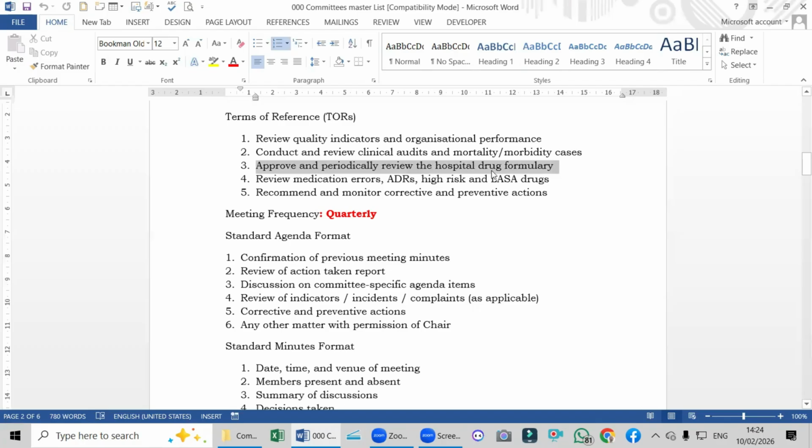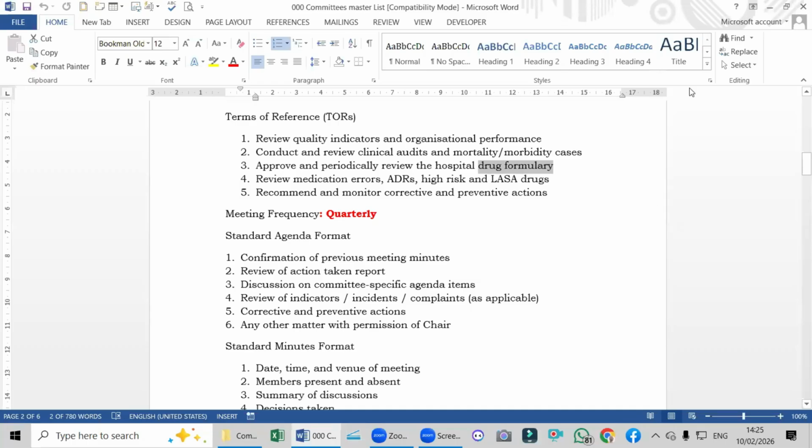Now, this drug formulary, if you don't have a format, just request us, we will send you a format. In that format, all the drugs that you use in your premises should be noted. You will also note if a drug is a look-alike drug, you can mention look-alike drug, or you can mention high risk drug, or emergency drug.